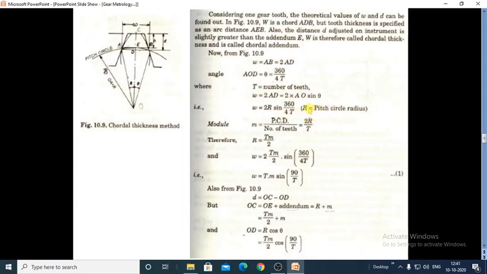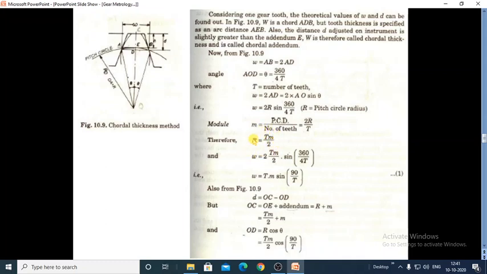Here R is related to the pitch circle diameter, but we know the module. Module is nothing but pitch circle diameter divided by number of teeth. Here the radius is given, so the diameter will become 2R, and module is 2R upon T, where T is the number of teeth. Therefore R is equal to, transferring this T to the other side, Tm upon 2.